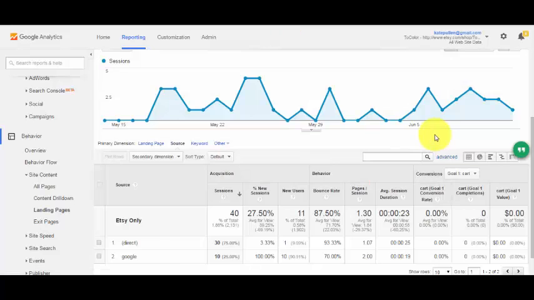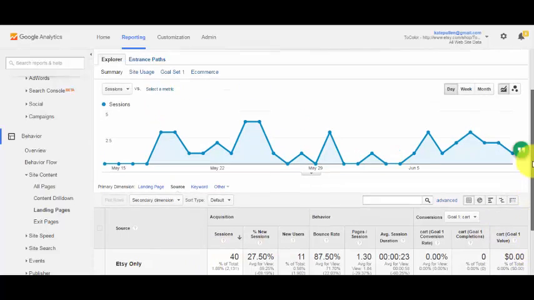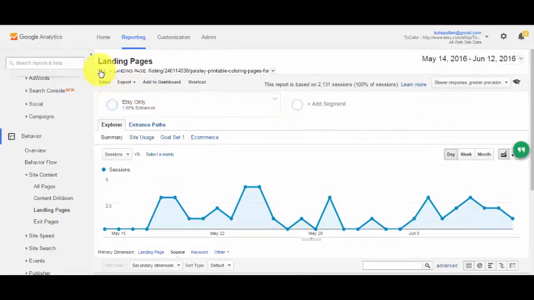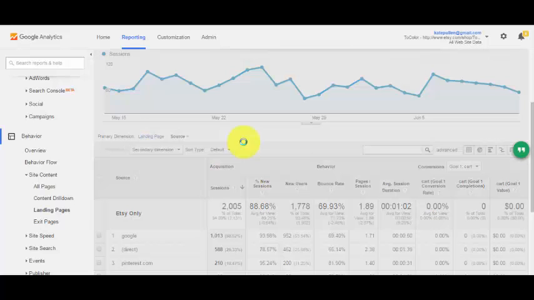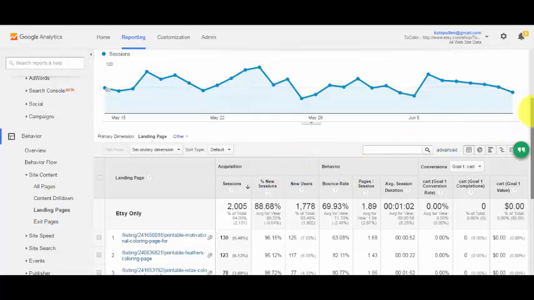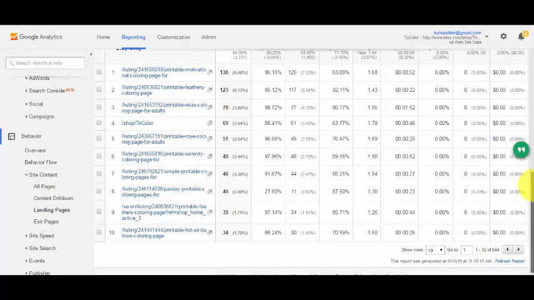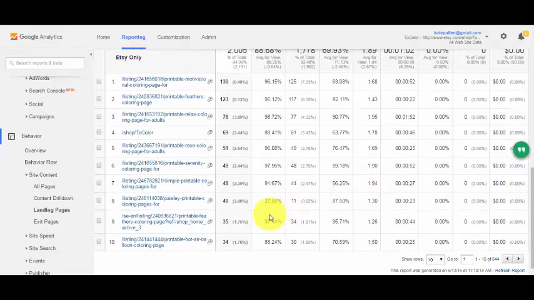Source: Direct or Google. So it could be that people came through to that not through Pinterest, but direct from somewhere else, saw that it was out of stock and bounced straight out. That would be the problem with that page, and something obviously that I should do is make sure I don't let my listings expire.